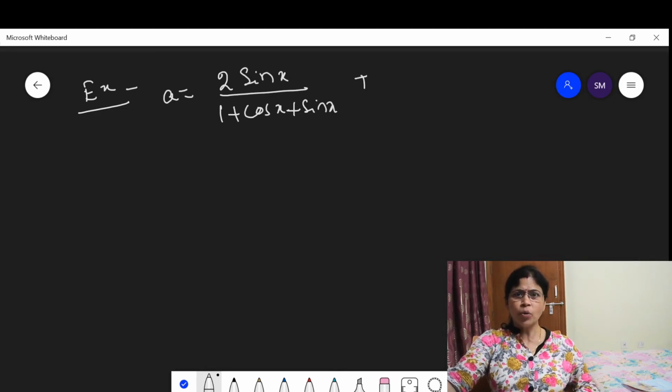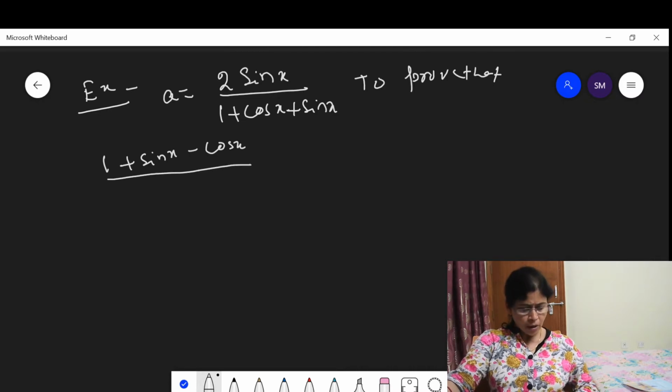Here we have to prove that 1 plus sin x minus cos x upon 1 plus sin x is equal to A.